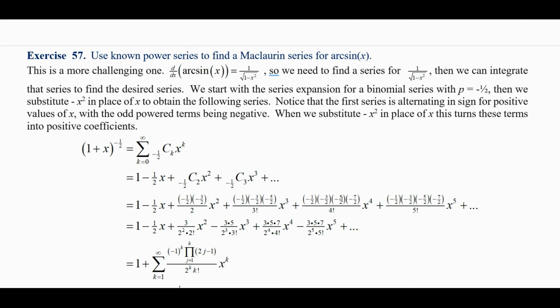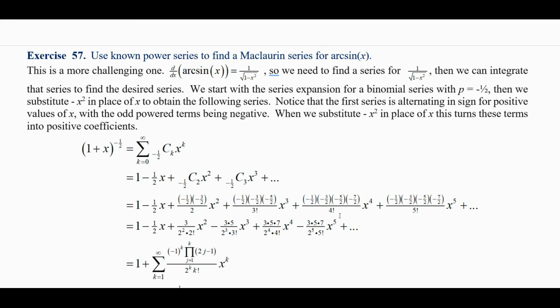Okay, so we got 1, 2, 3, 4 negatives makes positive on the x to the 4th term. We got our 4 factorial in the denominator. We get the first 3 factors like we had here, and then we go down 1 more. It's negative 7/2. So we got 1 times 3 times 5 times 7 in the top, and 2 to the 4th times 4 factorial in the bottom. And that pattern keeps going.